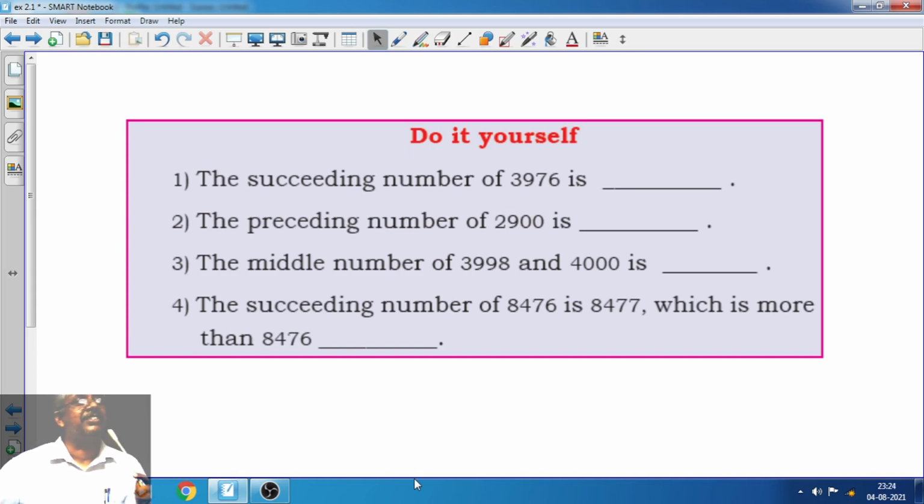That is succeeding of 3,998 and preceding of 4,000, which is nothing but 3,999. The succeeding number of 8,476 is 8,477, which is more than 8,476 by just one number in units place.